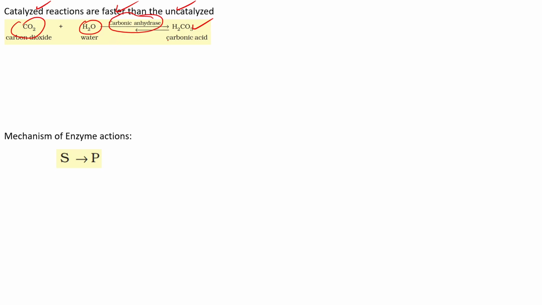Now when there is no carbonic anhydrase, you can see that the rate of formation of carbonic acid is around 200 molecules per hour.